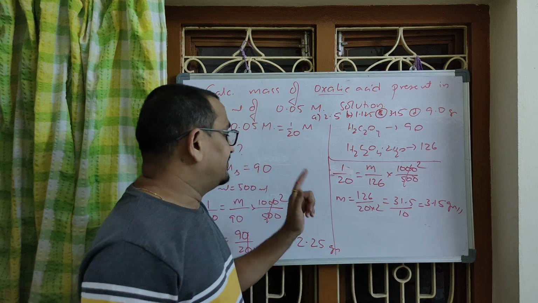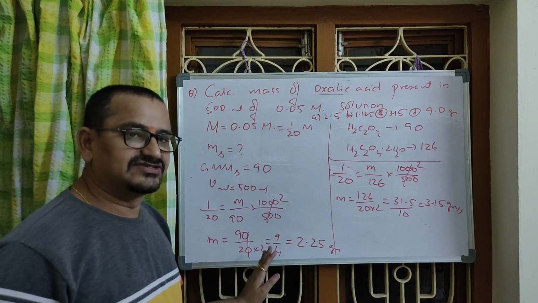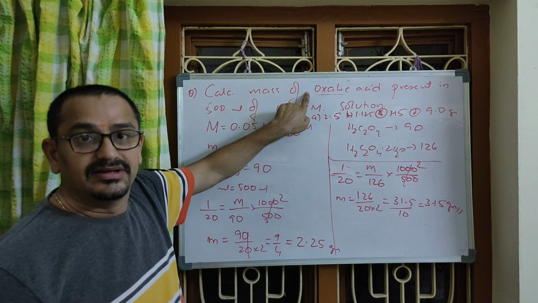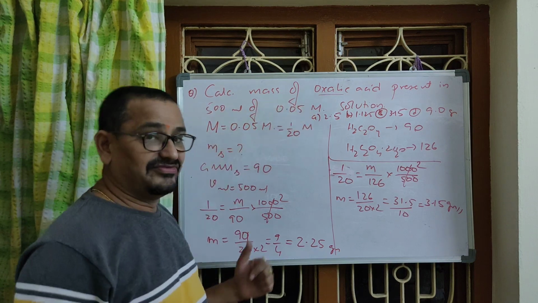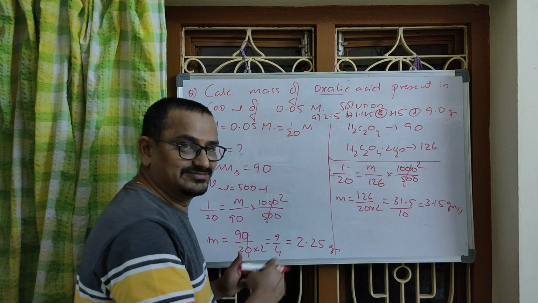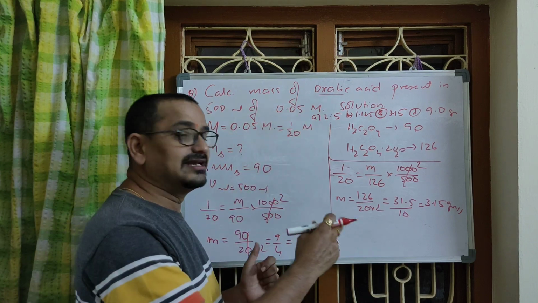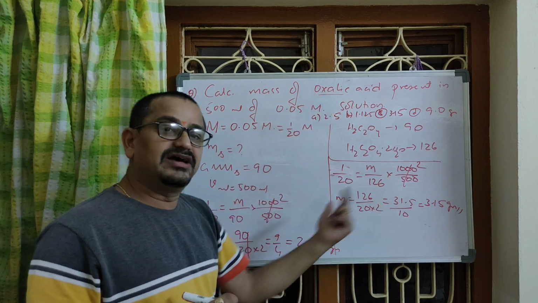Like that, they may include either the hydrated form or the anhydrous form. They won't include both values because they did not specify here. If they specify the mass of hydrated oxalic acid or anhydrous oxalic acid, then they can include both. If the type of oxalic acid is specified, both the values they will include.